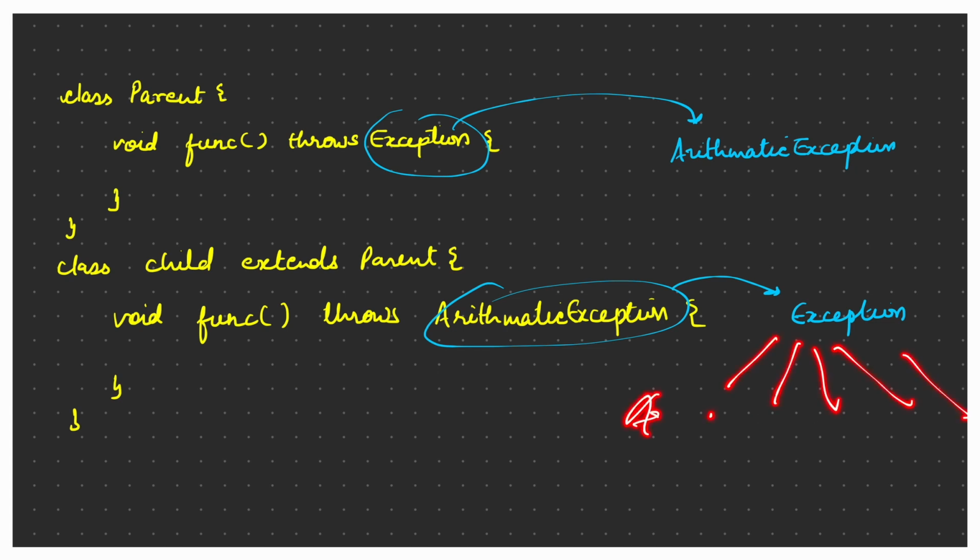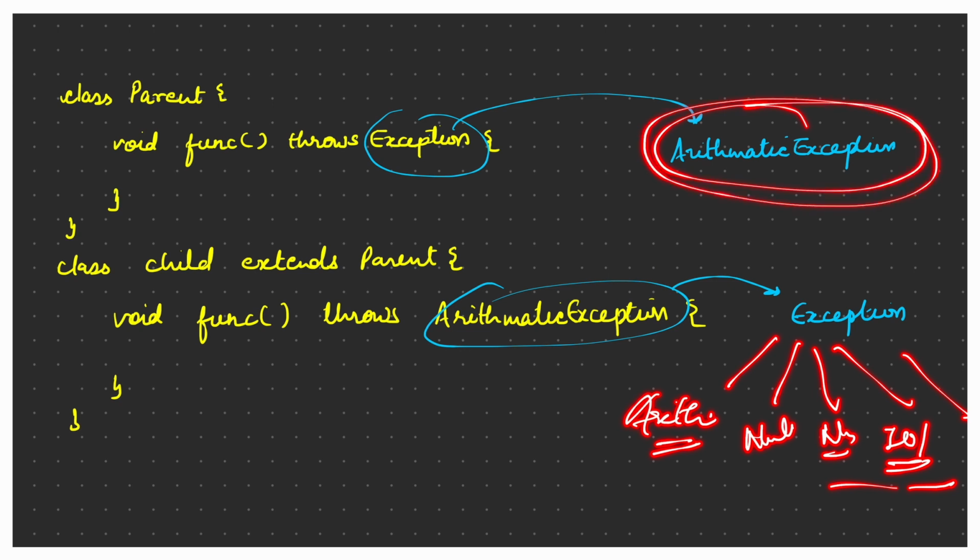It can handle ArithmeticException definitely, but along with it, it can also handle NullPointerException, NumberFormatException, IOException, and all other exceptions. But the parent class is restricting this method to ArithmeticException. That means it is not possible.